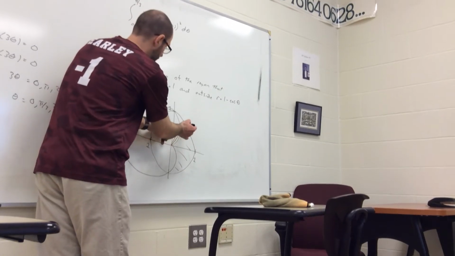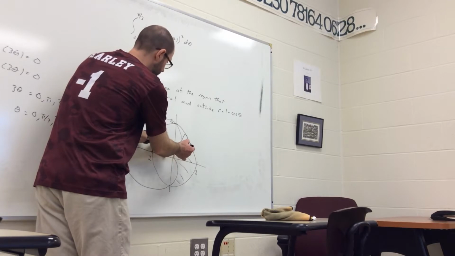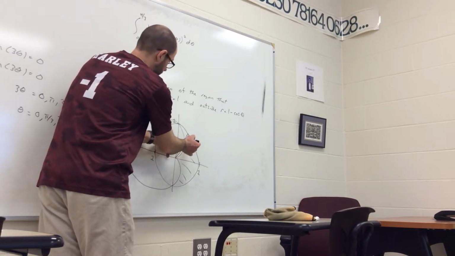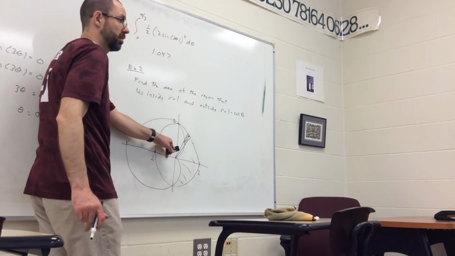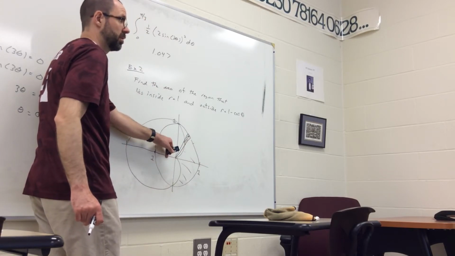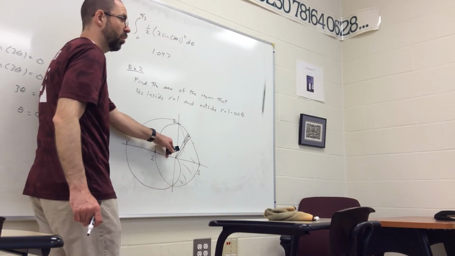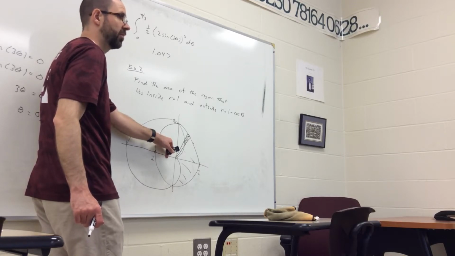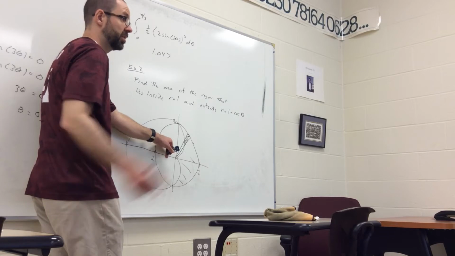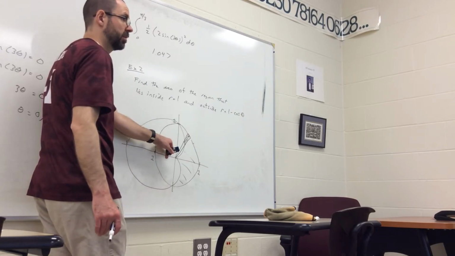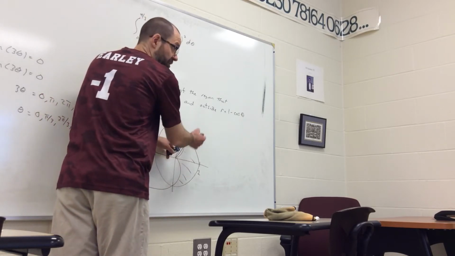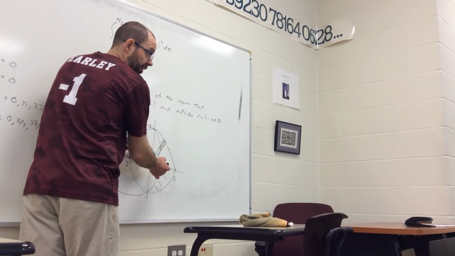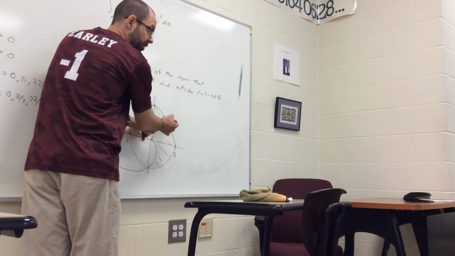So it's going to be a part of a circle minus another part of a circle to get this. So it's going to be 1/2 r squared minus 1/2 r squared d theta. The part of the circle is 1/2 r squared d theta, and then minus the other 1/2 r squared d theta will give us this.